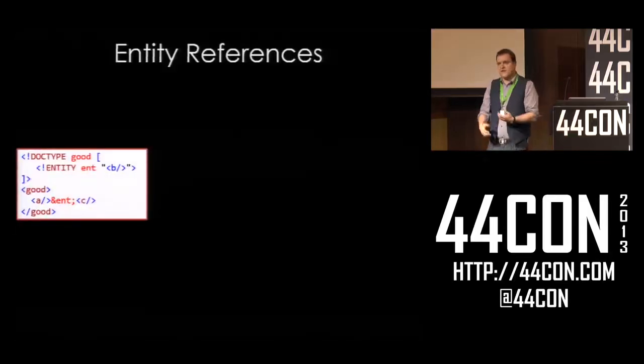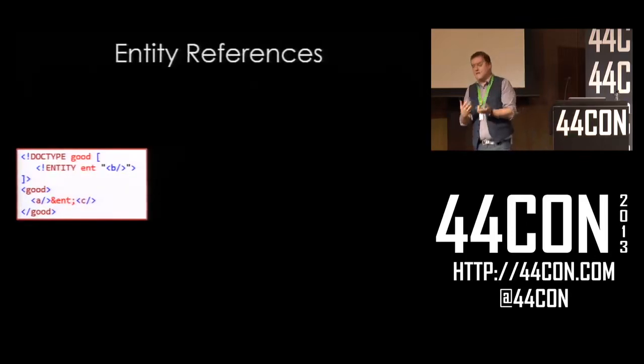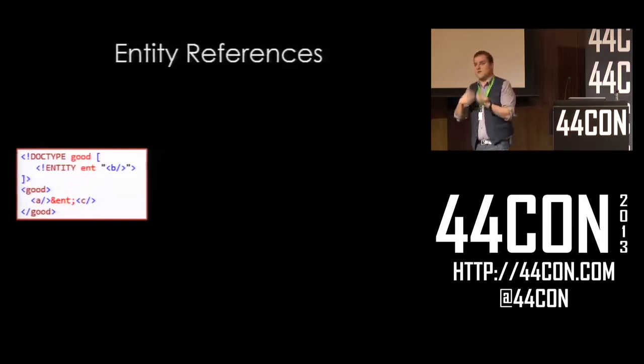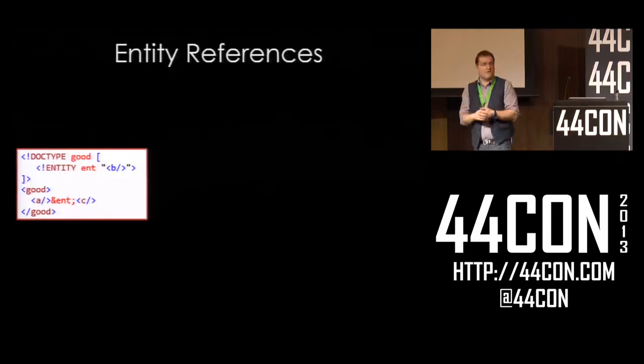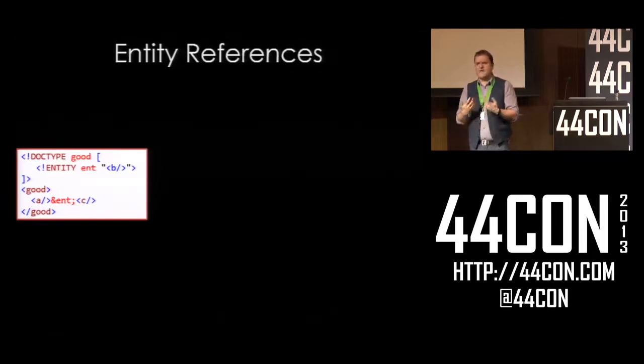An entity reference is related to document type definitions, and document type definitions allow you to specify arbitrary entities, which you can then use and escape in your code. These could be external entities, but you can also have them local to the file. Most people use them for text replacement, but you can actually use them to replace parsed XML content.